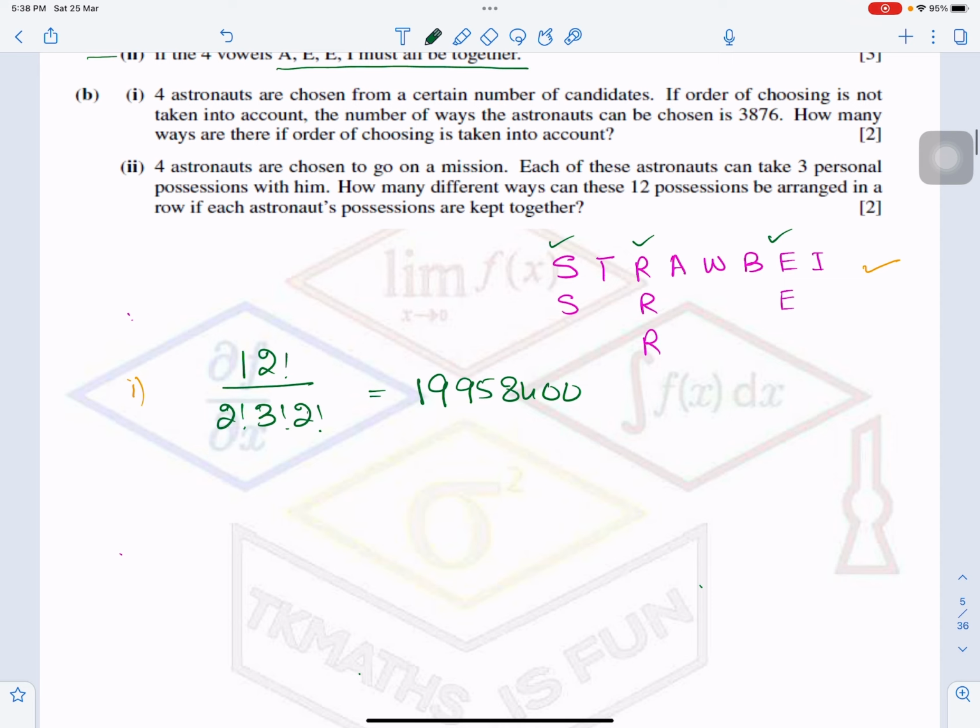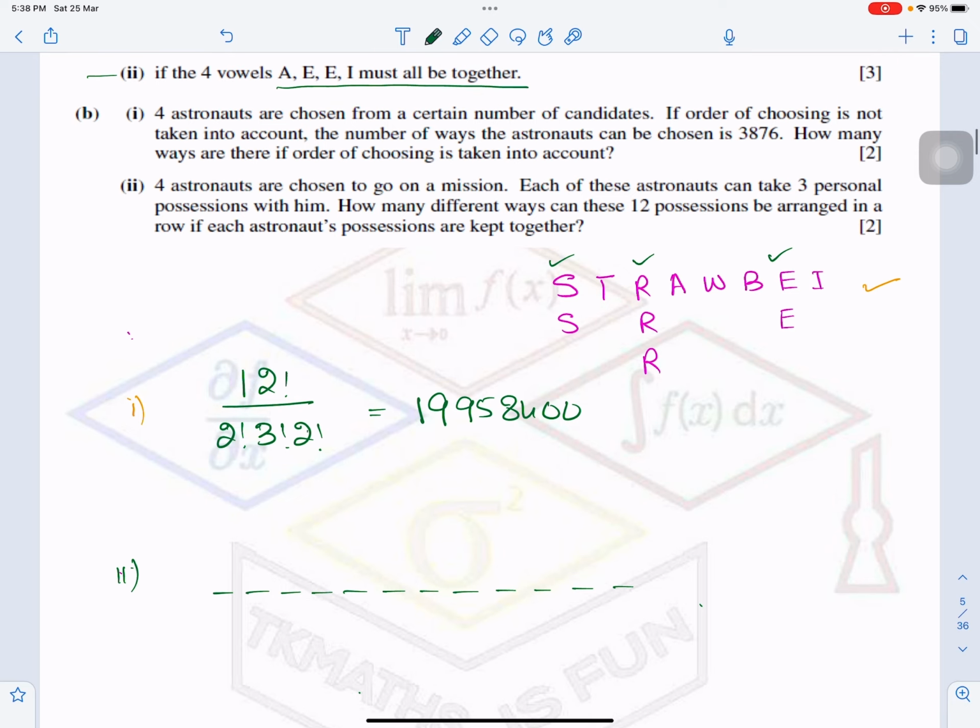Part 2. If the 4 vowels A, E, E, I must all be together, it means you will make a group of these letters. Let's make 12 places here. According to the question, which letters are together?